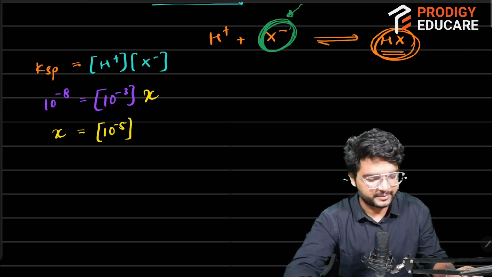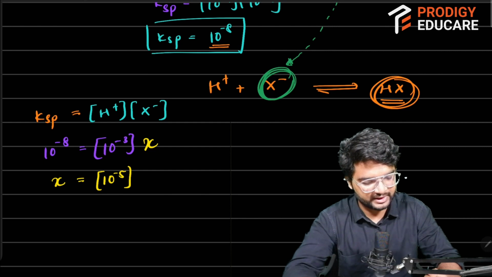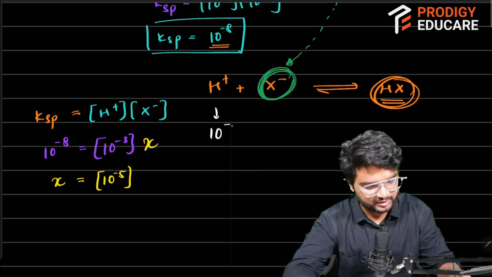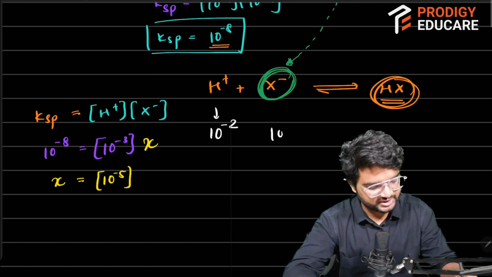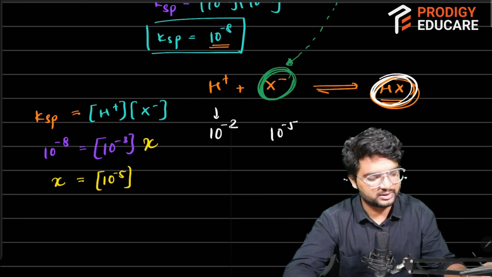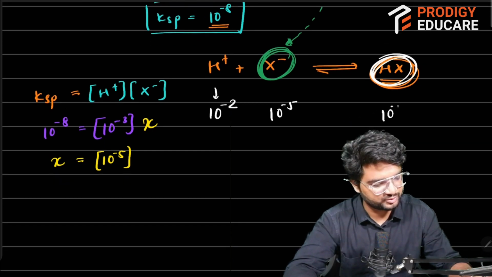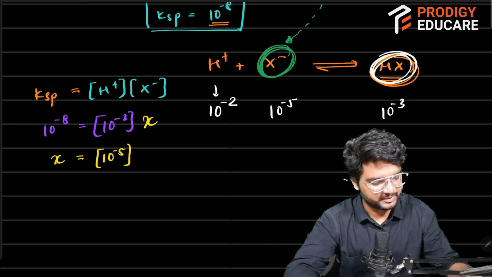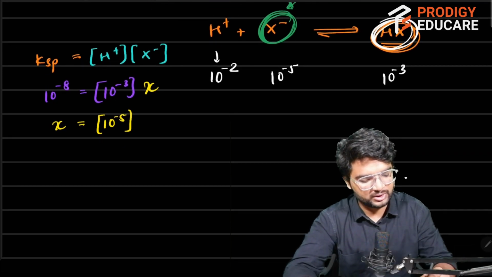So here we can justify that H plus is 10 raised to minus 2, X minus is 10 raised to minus 5, and the total HX concentration will be 10 raised to minus 3 as given over here. Now considering all those values, let's calculate Ka.